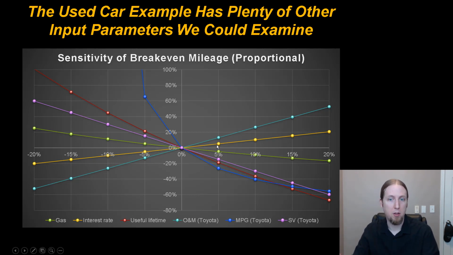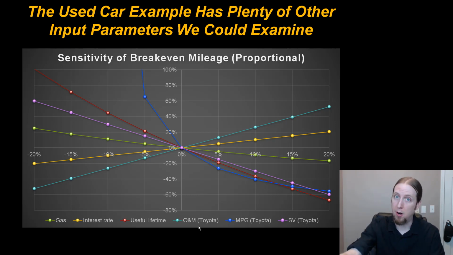That corresponds with our intuition that if the interest rate increases, then we're discounting future benefits more than we were before. Therefore, we need to drive more in order to make up for it. Or if the O&M costs are larger than expected, that means we need to drive more in order to get more benefit from the gas savings compared to the O&M savings, which are shrinking as the O&M goes up.